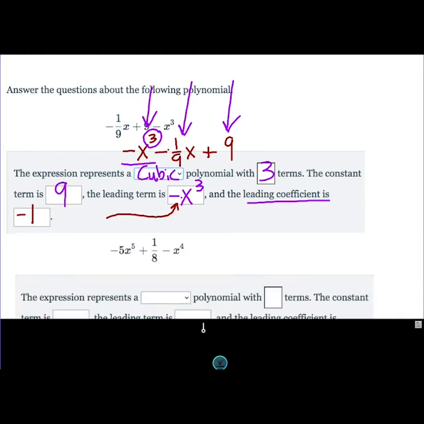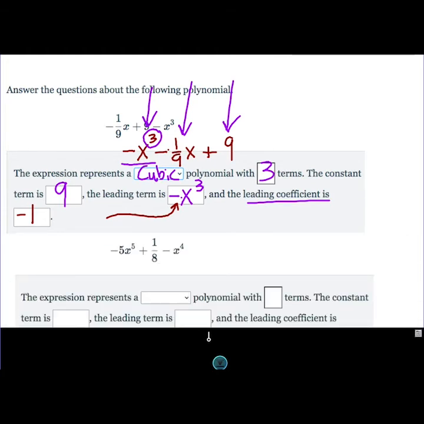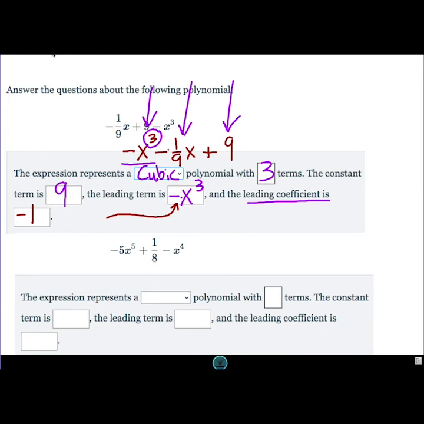All right, let's just take a peek at a couple others here. Again, good habits. Let's start by putting this thing in standard form. Sweet. Represents what? A fifth degree. Quintic.